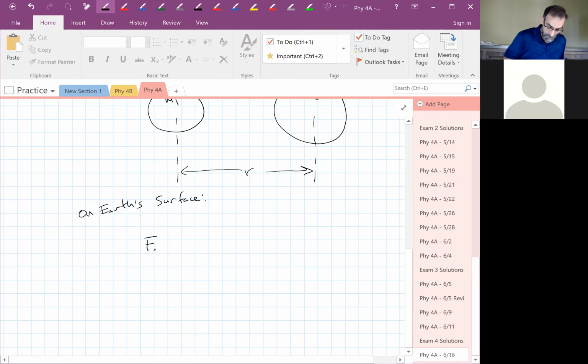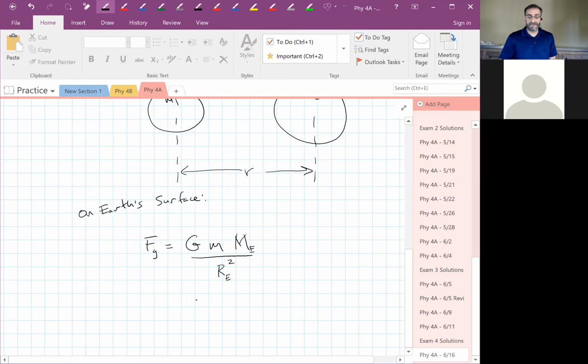You get the force of gravity is G times the mass of our object that's sitting on the surface of the Earth, times the mass of the Earth, right? The other object is the Earth. And what's the distance between them? The radius of the Earth, right?